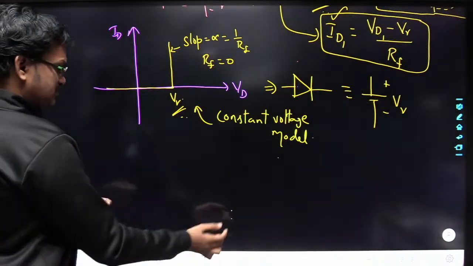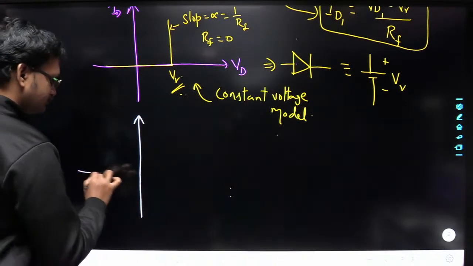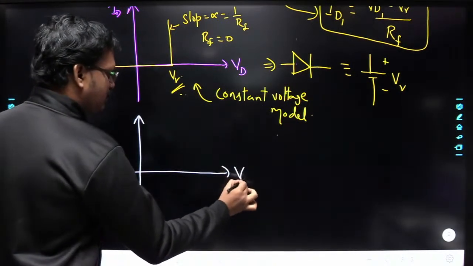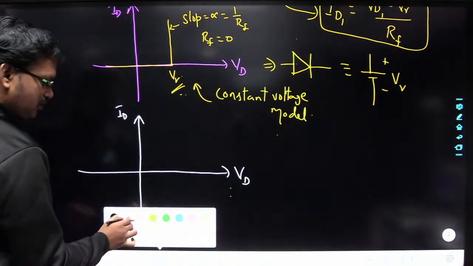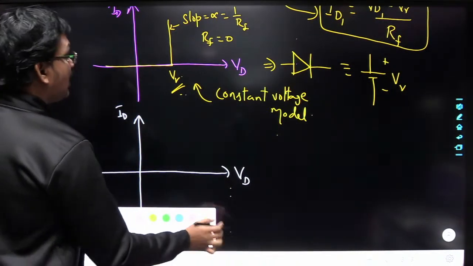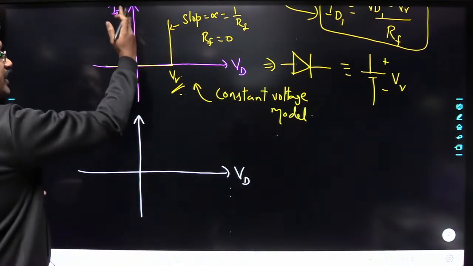So what is the change you are going to get? Here VD and here ID. Now I have moved this line towards ID and kept it exactly at ID.